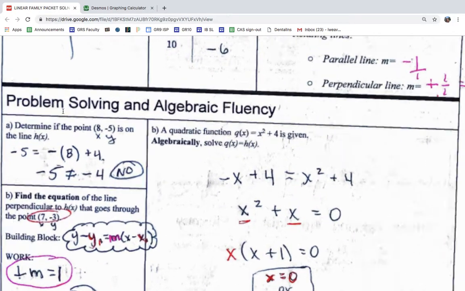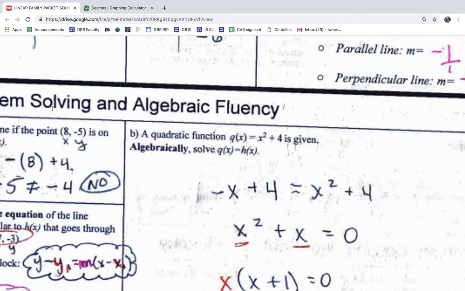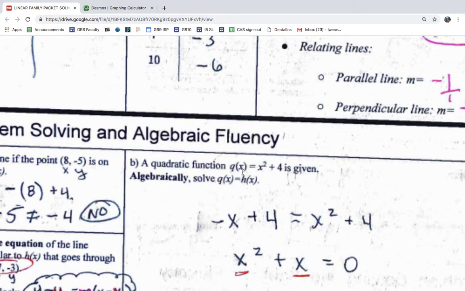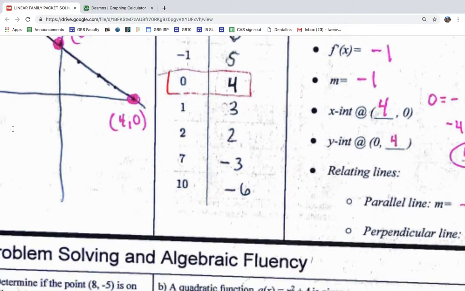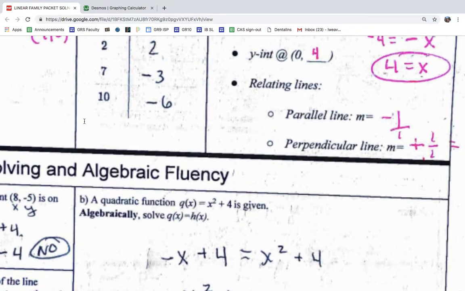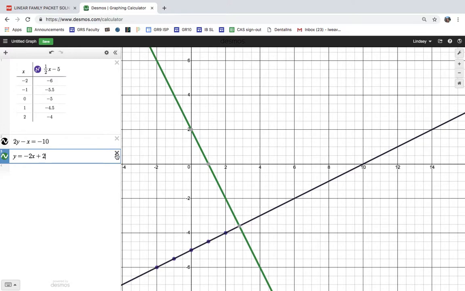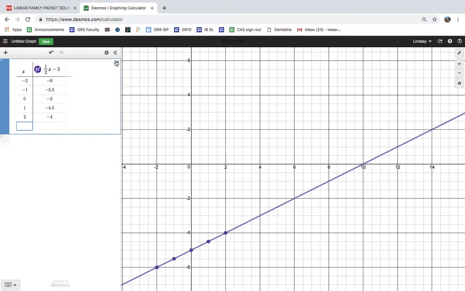And now we have some algebra to do. A quadratic function, q of x, is x squared plus 4. Algebraically solve when is the quadratic equal to your linear, which is up here, h of x. So we're going to set them equal to each other. And I'm just going to cheat a second here and get them on Desmos. So my left-hand side is -x plus 4.